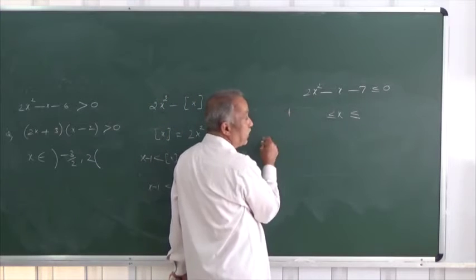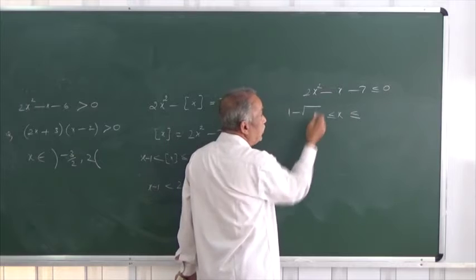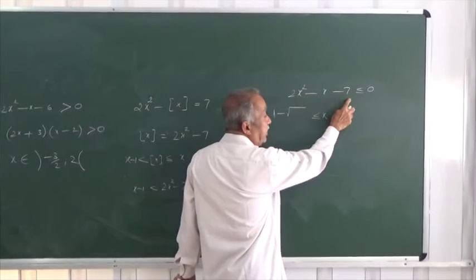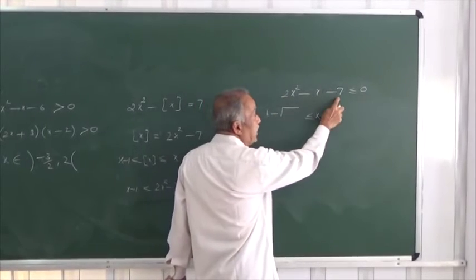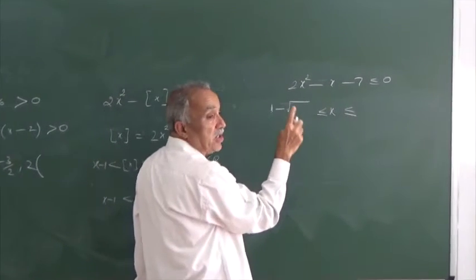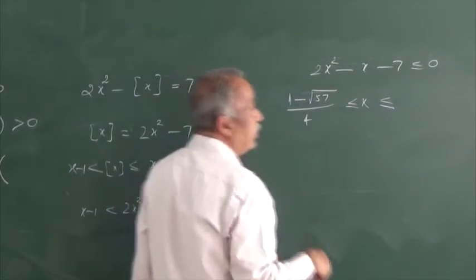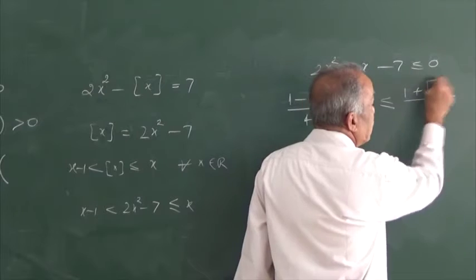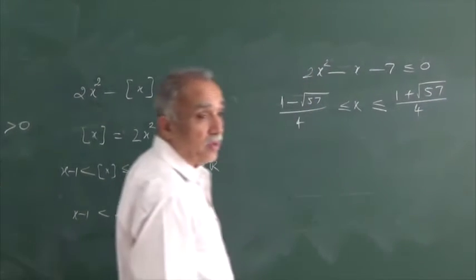Minus b, b is minus 1, so 1, minus root of b square minus 4ac, 1 minus 4 into 2 into minus 7, 1 minus minus 56, 57, by 2a, which is 4, less than or equal to x less than or equal to the other root, minus b plus root of b square minus 4ac divided by 2a, that is 4.